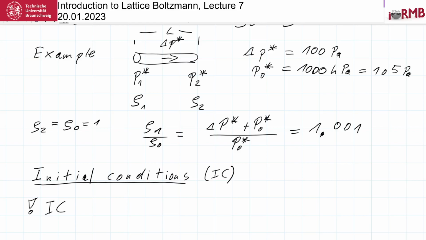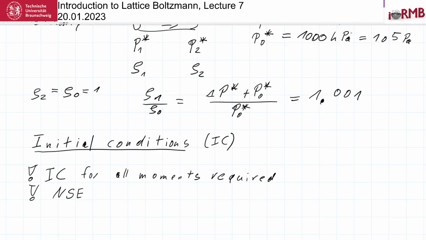So what we need here, instead of for the Navier-Stokes equations, we need initial conditions for all moments that we specify, right? So we need more initial conditions than we have for the Navier-Stokes equation. This also has some implications, which we come across below.